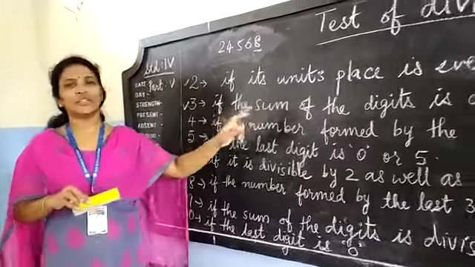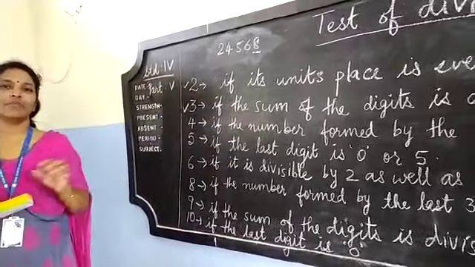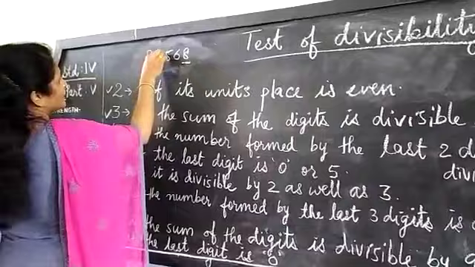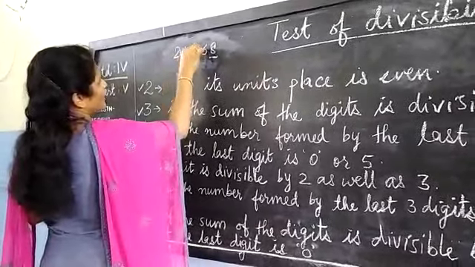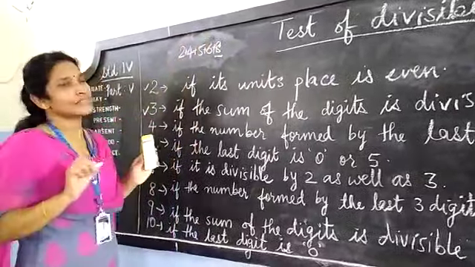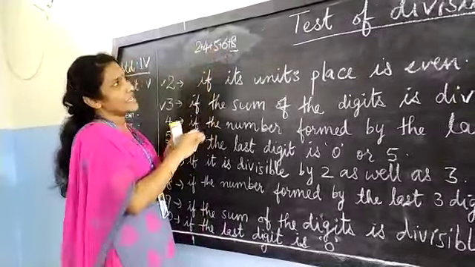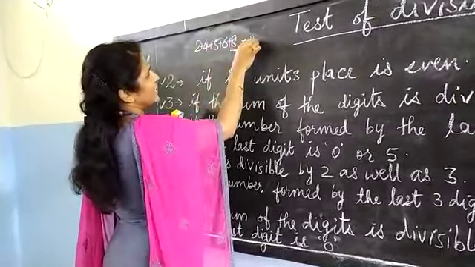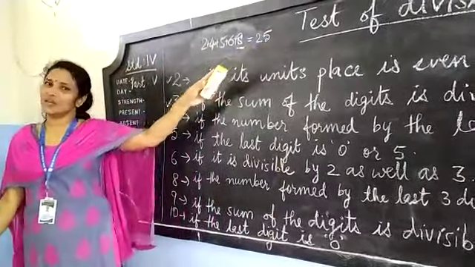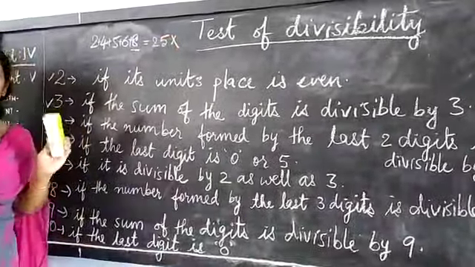What are the digits here? 2 plus 4 plus 5 plus 6 plus 8. 2 plus 4, 6. 6 plus 5, 11. 11 plus 6, 17. 17 plus 8 is 25. Is 25 coming in the table of 3? No. So this number is not divisible by 3.